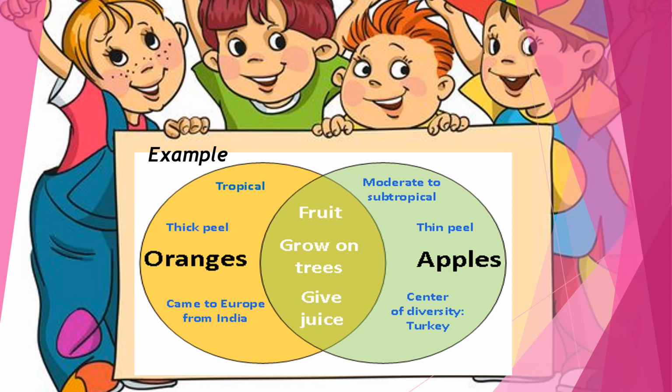Another, oranges came to Europe from India, but apples are center of diversity in Turkey. We are using the word "but." Those words on the left side and the right side are their differences.